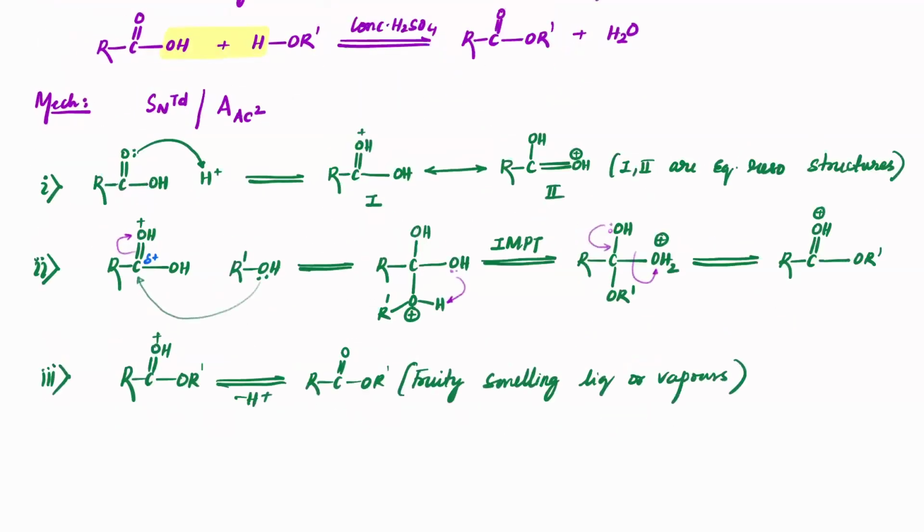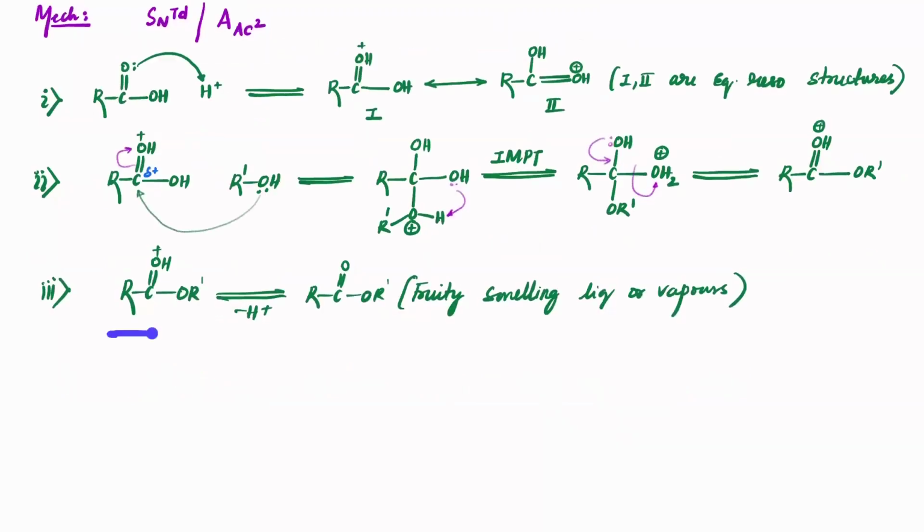And now you can see in this reaction, if you have this ester form here, in this case, have you noticed that first an addition of alcohol has happened? It got changed from sp2 carbon to sp3 carbon.